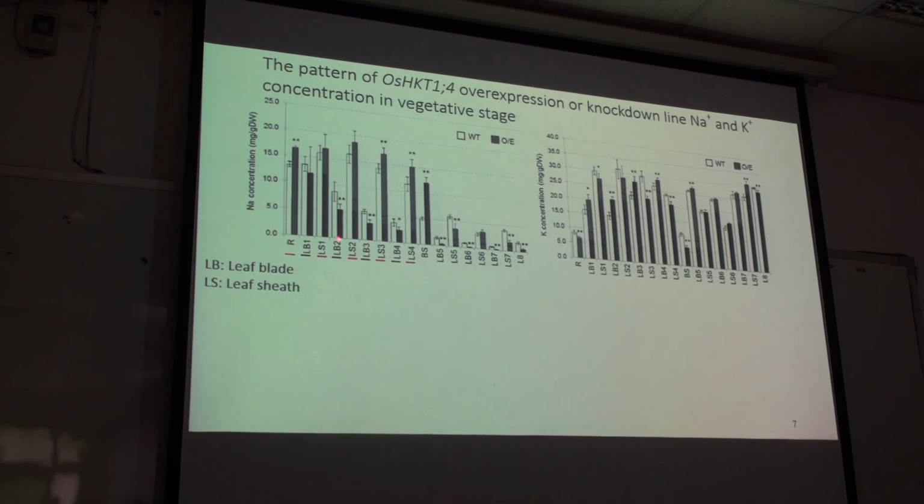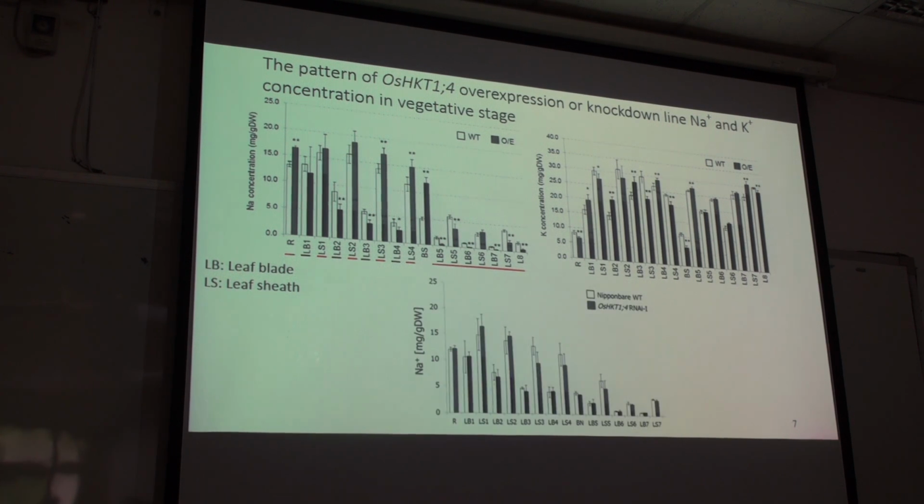However, in the old leaf blade of the overexpression line, sodium ions are lower than the wild type. There is no difference between the RNAi line and the wild type in sodium ion contents.